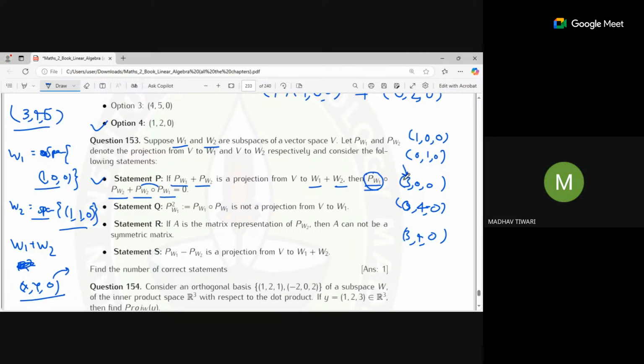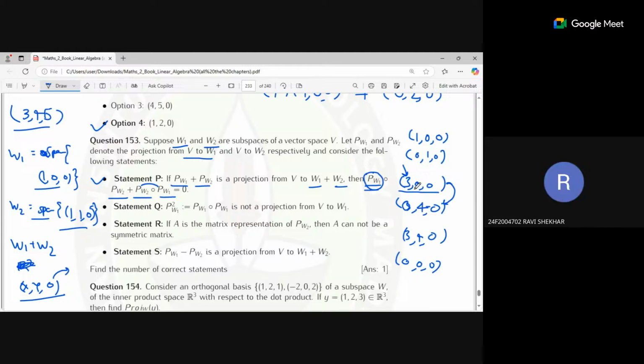Then I apply the projection of this 3, 4, 0 on W2. The projection of this vector on this subspace will be nothing but the zero vector, because both are lying in orthogonal directions.